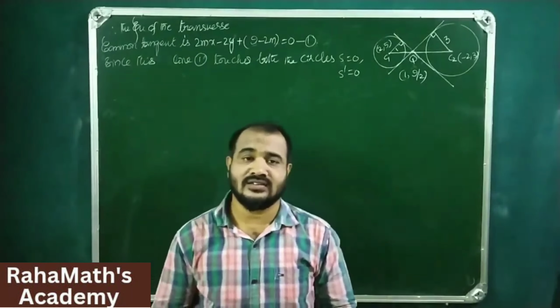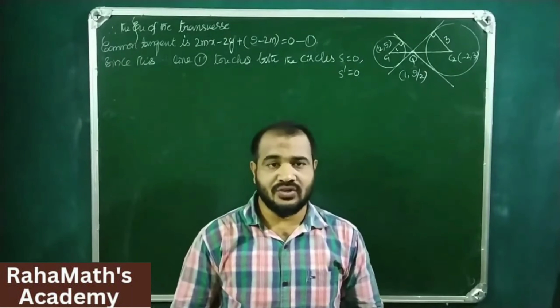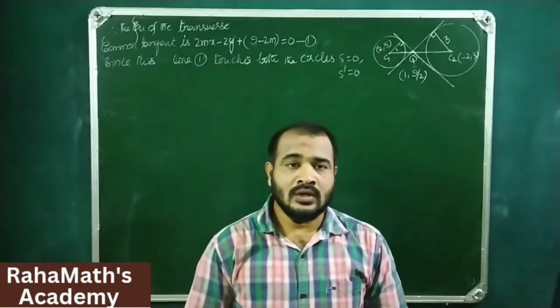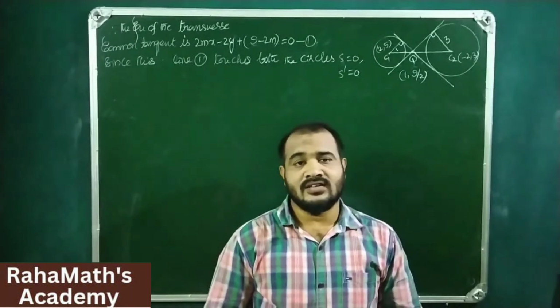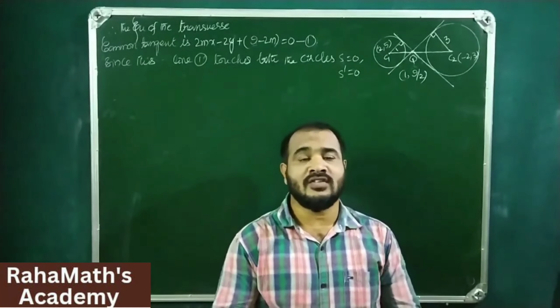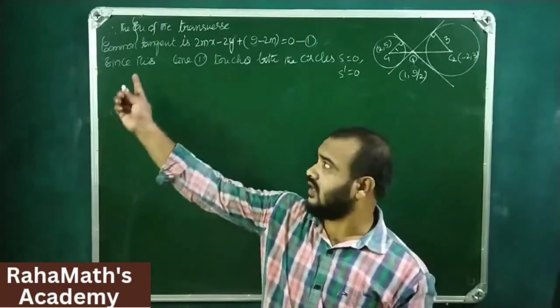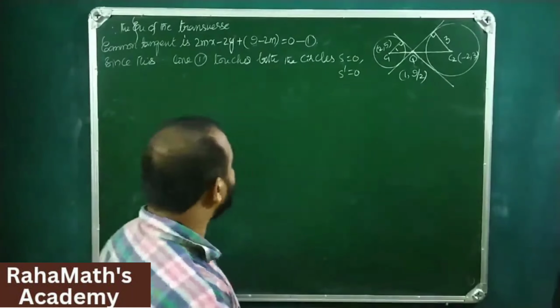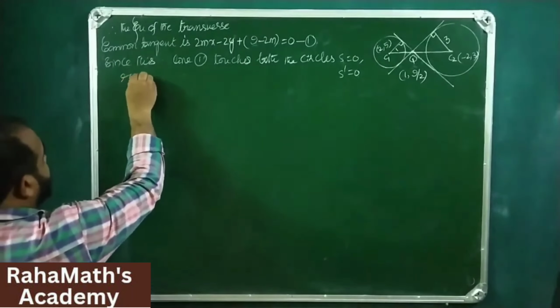When a line touches a circle, R equals D. The radius is equal to the perpendicular distance from the center of one of these circles to the line that we get. So R equals D.